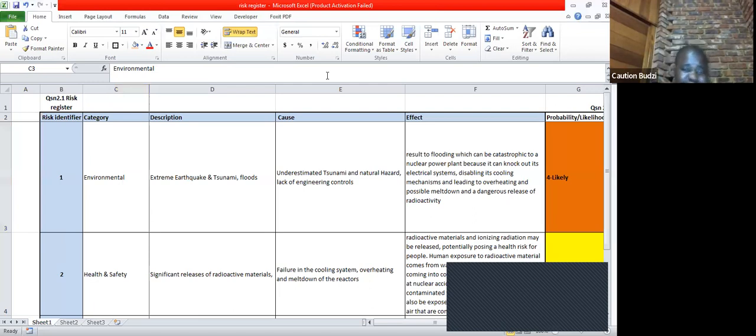Okay, so let's go to question 2.2. Using the risk register in the previous section, conduct a qualitative risk analysis for these 5 risks by proposing the probability of occurrence and impact of each risk. So you see, we are going to use the same risks.